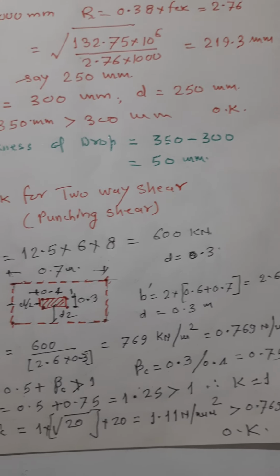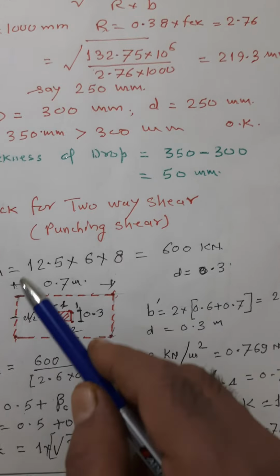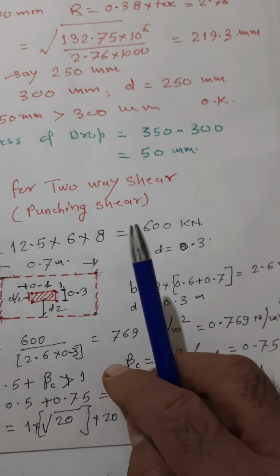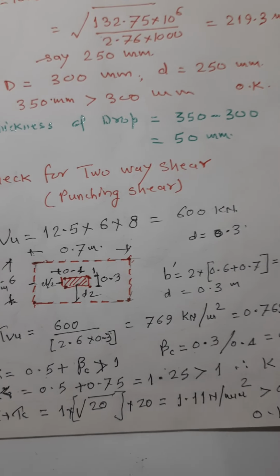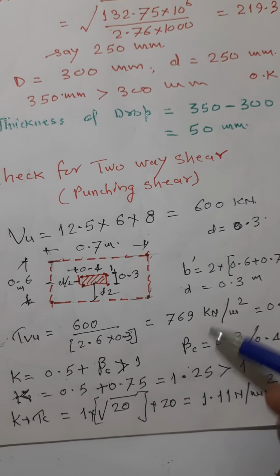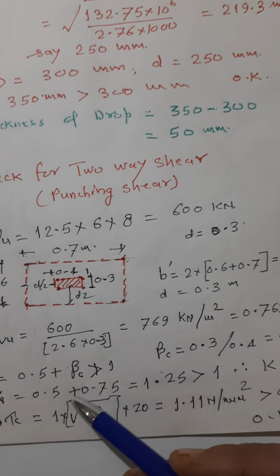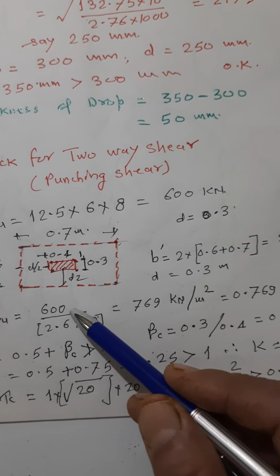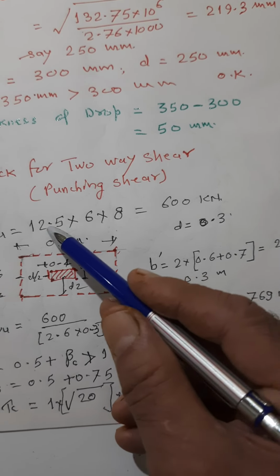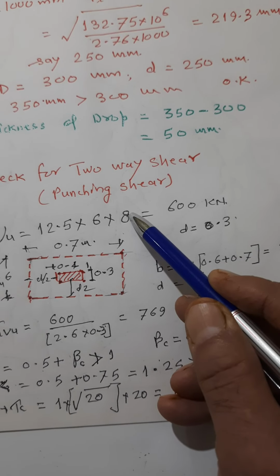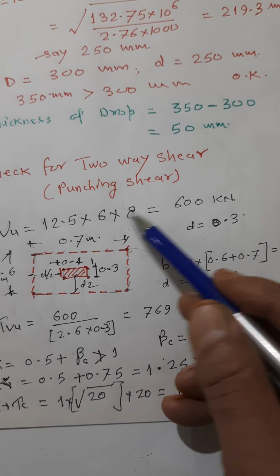Here also, the total load divided by b dash d will give the value of tau V, and tau C will be nothing but K times tau C. Tau C will again be, as usual, 0.25 under root of fck. Now V is equal to 600. How have we got 600? 12.5 into 6 into 8, panel to panel distance.